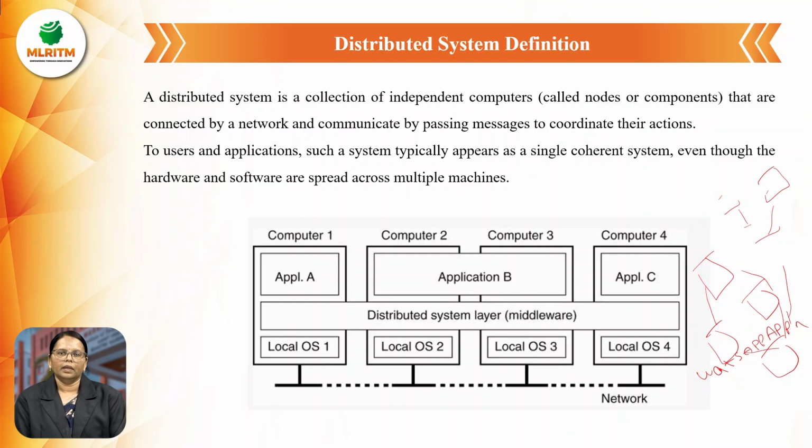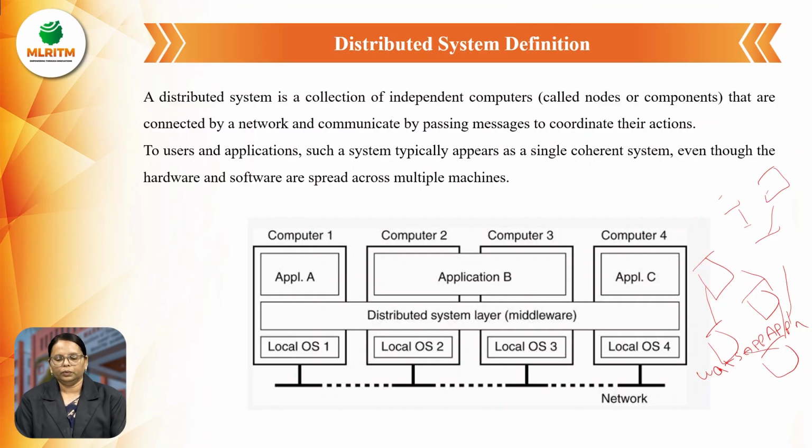The principles of a distributed system are: autonomous computers, meaning independent computers; network connectivity, meaning all the computers are connected through a network; and middleware, software installed on all the independent computers for connection, network communication and coordination.